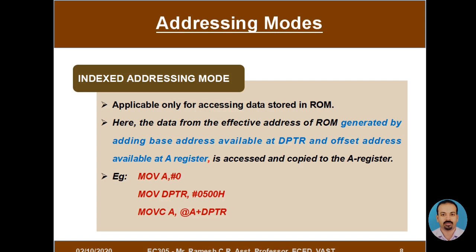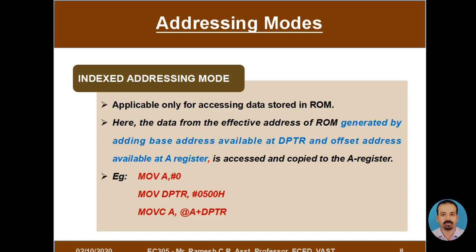Here the external ROM memory location from which the data has to be fetched is generated by adding the base address available in the DPTR and the offset address available in the accumulator register. The effective address of the external ROM chip is thus generated, and the data can be read and copied to the internal accumulator register.